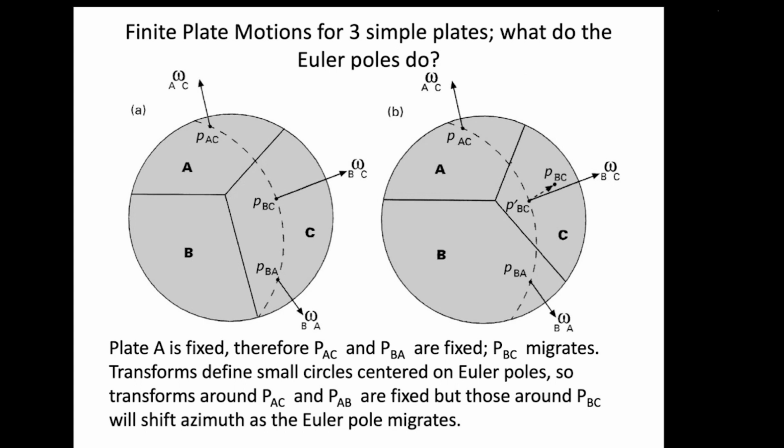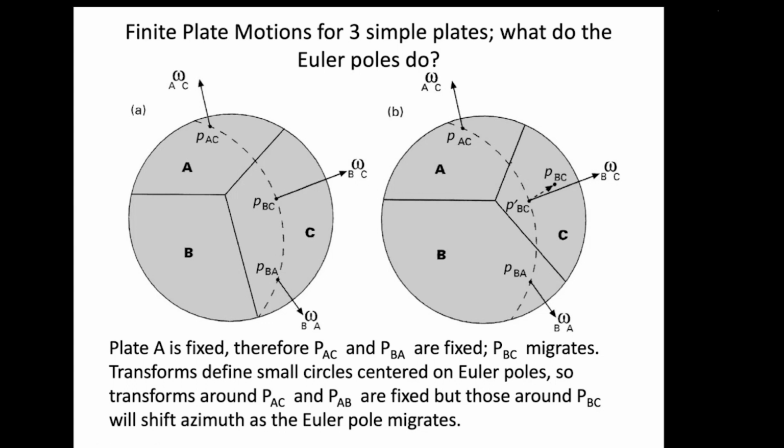So, thinking about finite plate motions for three simple plates, what do the Euler poles do? Here we've got three plates, which means we have to have three Euler poles. One for the rotation of A relative to C, that's angular rotation, right? One for the rotation of B relative to C, then one for the rotation of B relative to A, right?